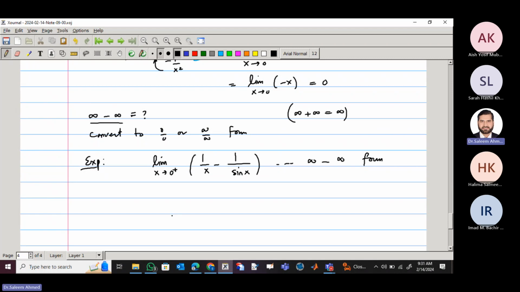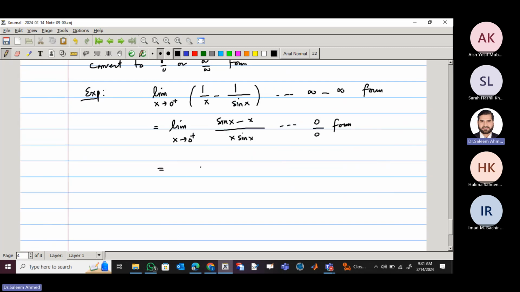So I have to do something with that. So we have to take the LCM here. If I take the LCM, it will become x into sine x. Sine x will multiply here, and minus x will multiply here. Now you see it becomes 0 by 0 form just by taking the LCM. So once it becomes 0 by 0 form, I can use L'Hopital rule.